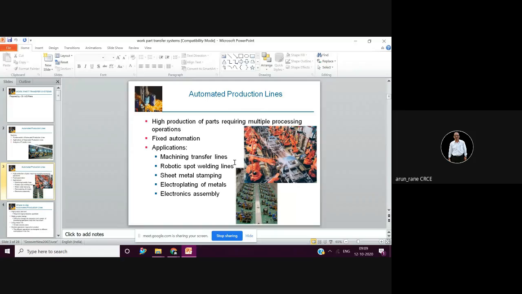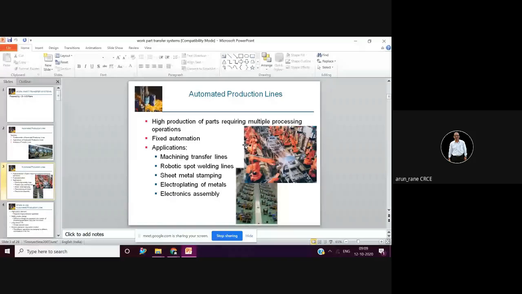Assuming a rectangular component, like a cylinder head, all five faces can be machined in a transfer line.